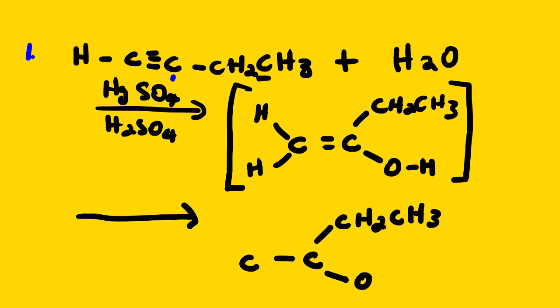I will not try to pronounce this word again, but I hope in my next examples you will see that from here to here is that particular step. So this is our ketone. The name will be butan-2-one.